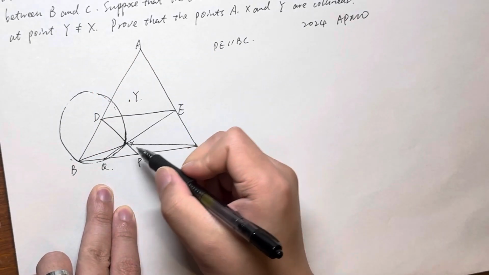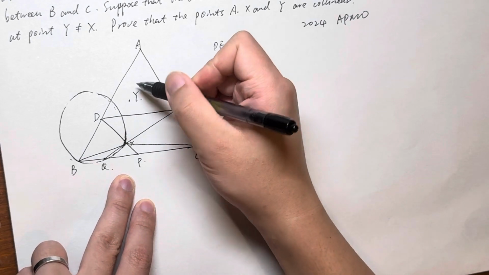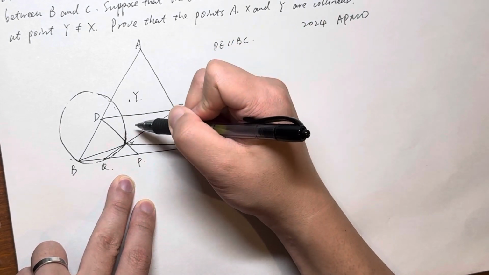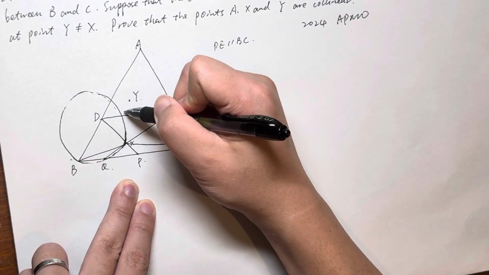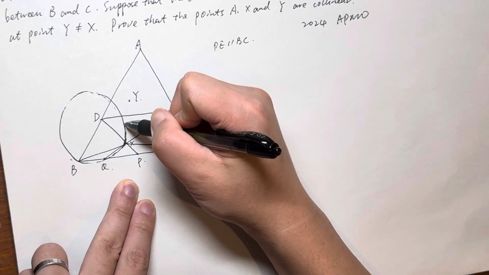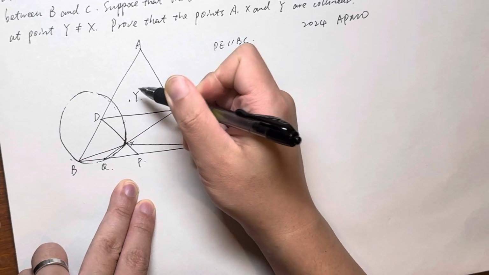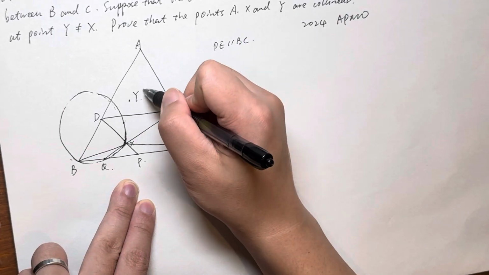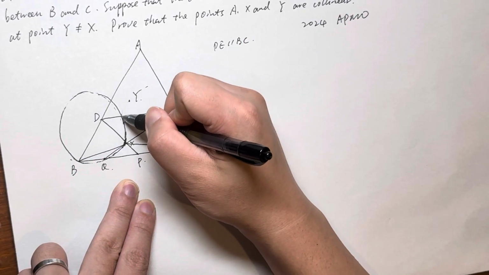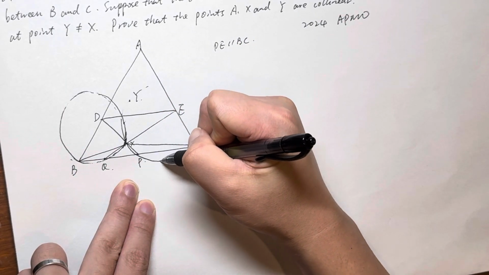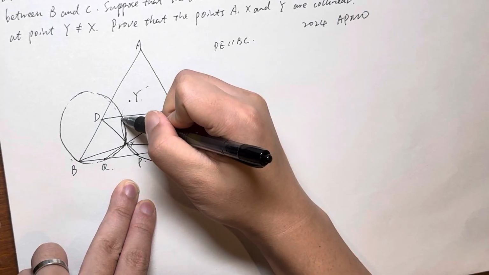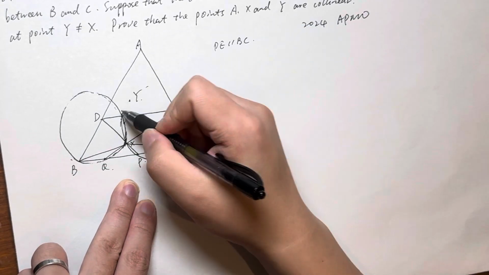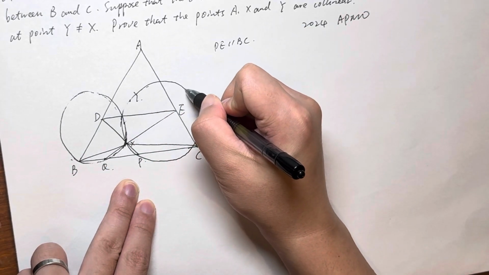This is one circle, and for another circle, oh wait, it's difficult to draw, so I don't know, probably here is Y. Yeah, it's difficult to draw, right?